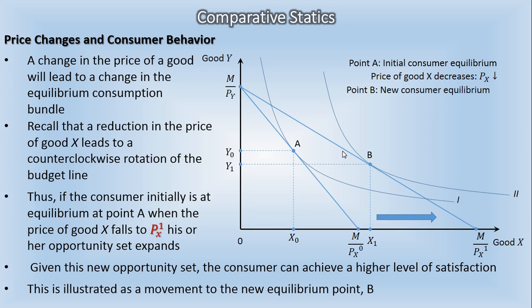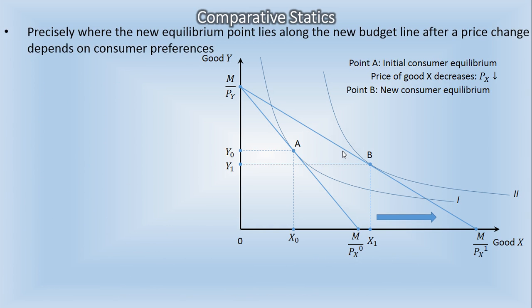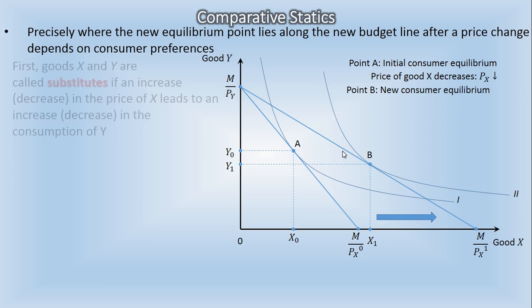So given a price change, the consumer will move from this consumption bundle to B. In this case, as the price of X went down, she consumed more of X and she consumed less of Y. So precisely where the new equilibrium point lies along the new budget line after a price change depends on the consumer's preferences. It depends on the shape of the indifference curves.